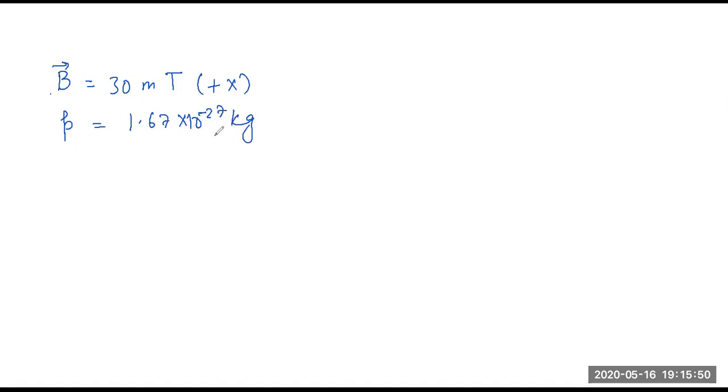And this particle is being projected with a velocity v, which is given to you as 4.8 into 10 to the power 6 meter per second, and the direction is plus y direction, right? You'll have to find out the force on the charged particle in magnitude and direction.